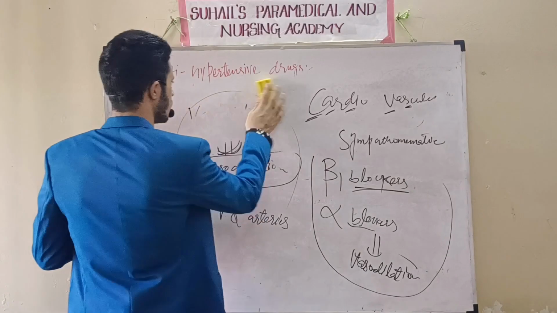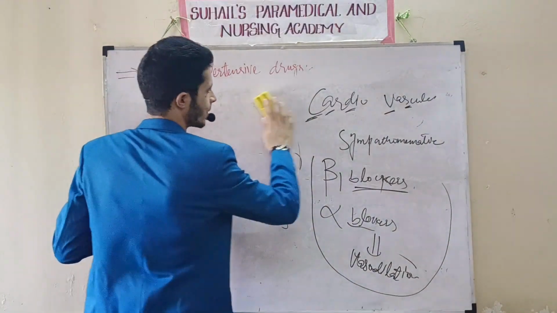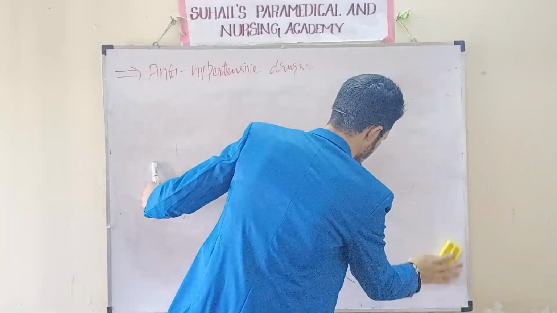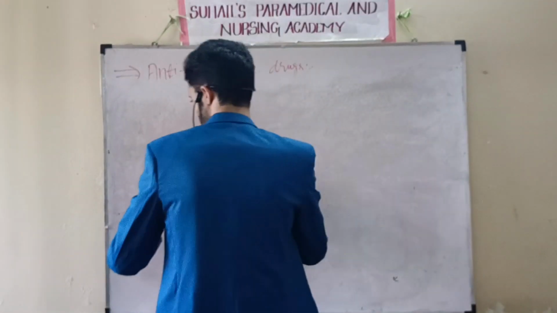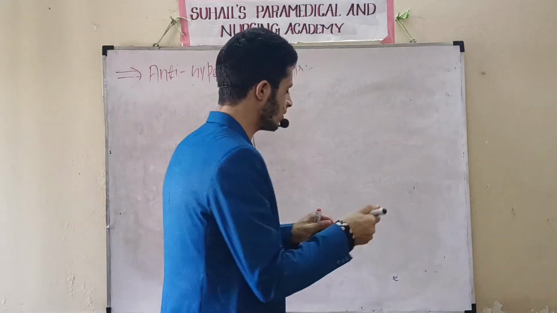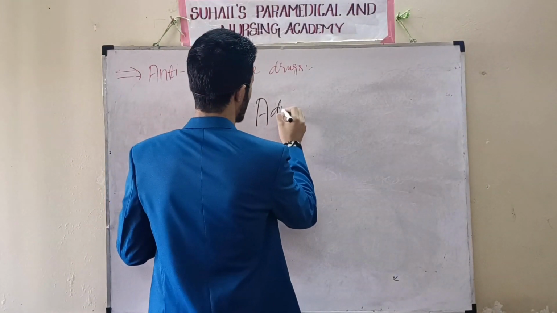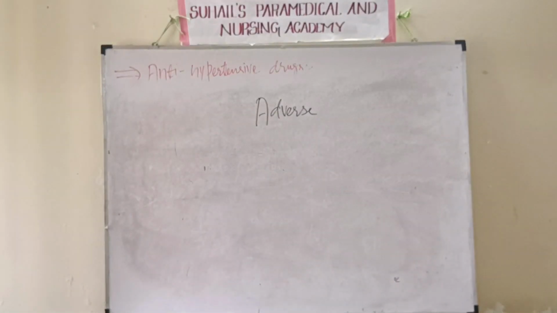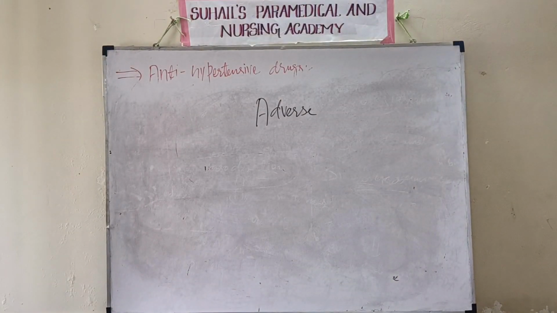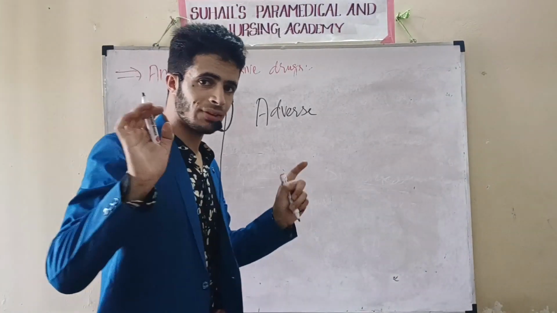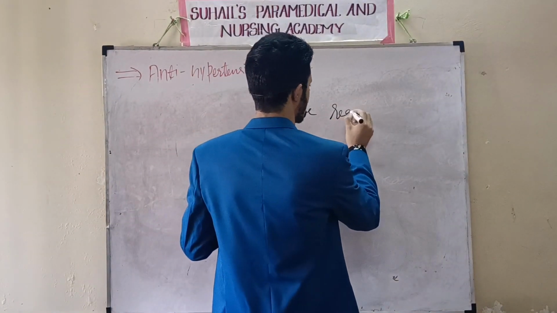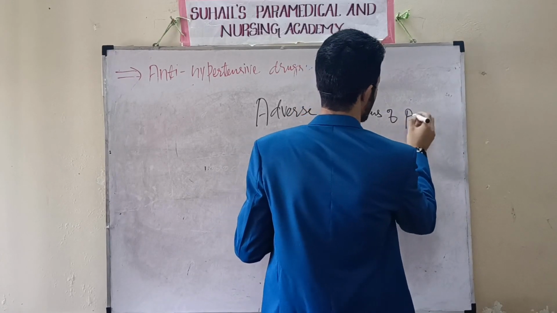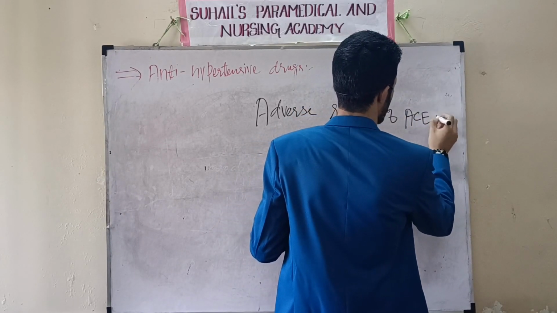Now I will tell one more thing. I forgot that, that is adverse reaction. I will tell adverse reactions, whether the video is running or not. Yeah, video is running. Just I will tell in simple terms, what are the adverse reactions of angiotensin converting enzyme inhibitors?